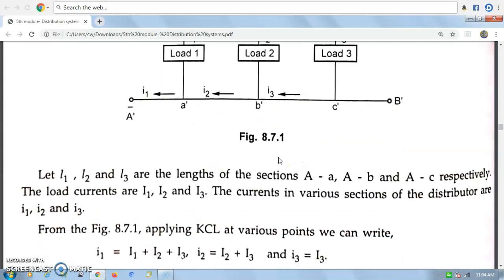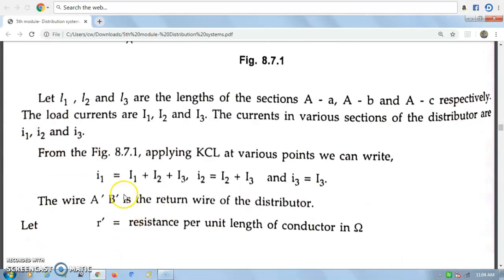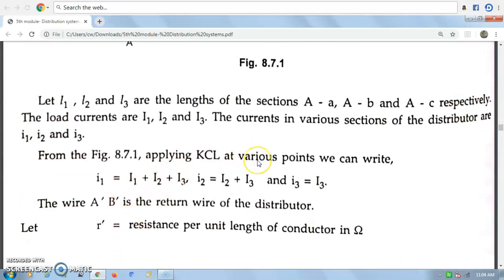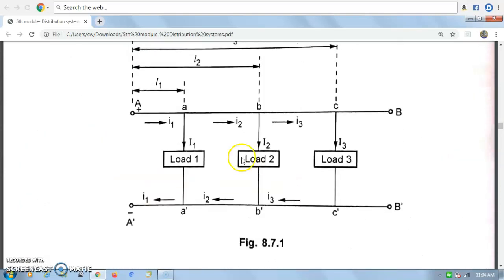Okay, next. By taking the KCL rule at the various points, first consider point A, small a. Small I1 is incoming and capital I1 is outgoing, small I2 is outgoing, and small I3 is also outgoing.